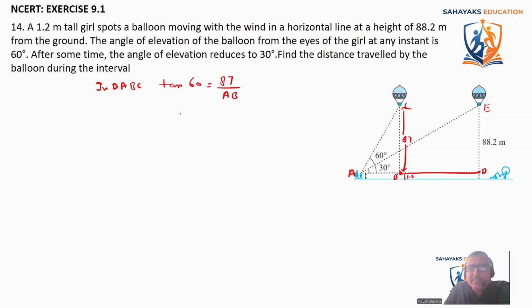Tan 60 is root 3. So we can say AB is equal to 87 divided by root 3.